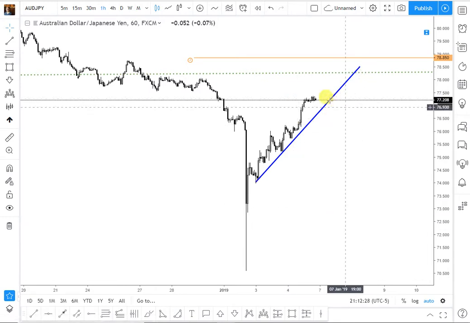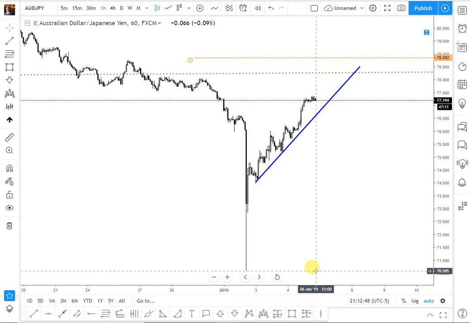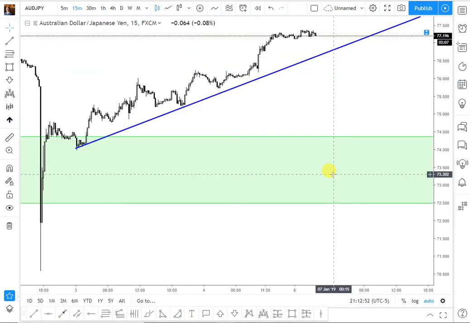So if the price comes to this zone and drops from this area, I will go ahead and short this pair. 73.20, around 20, will be my first take profit, and 70 here will be my second take profit. So we'll keep an eye on this pair.